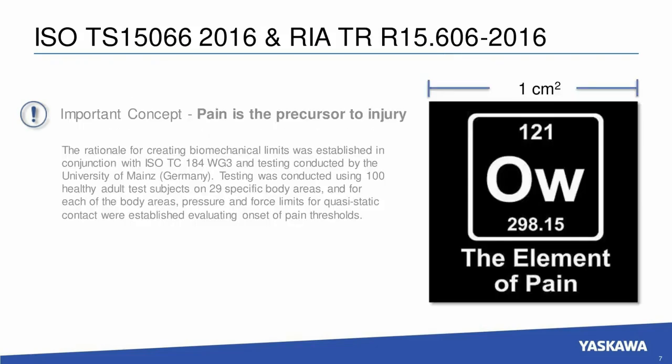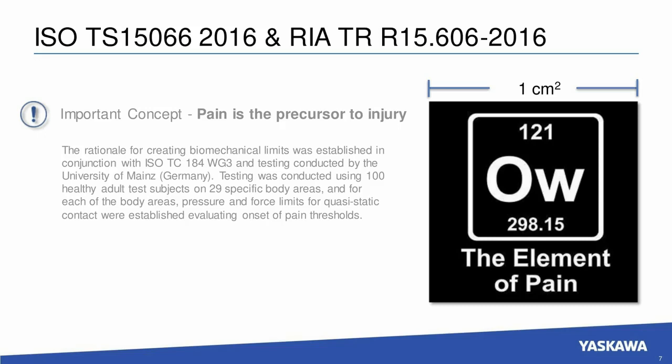So another important concept in TS 15066 is that pain is the precursor to injury. Now, why that's important is this. It forms the basis for using PFL as an acceptable safety solution in a risk assessment, because understand, we're doing all of this to try to reduce and mitigate any possible injury.